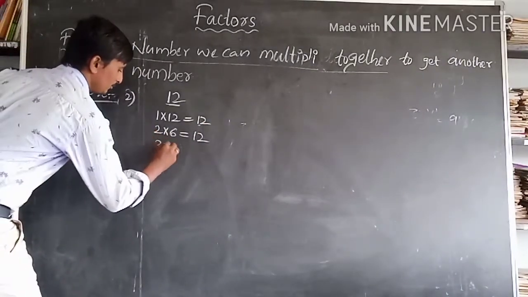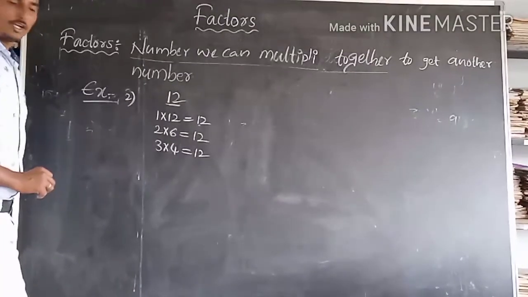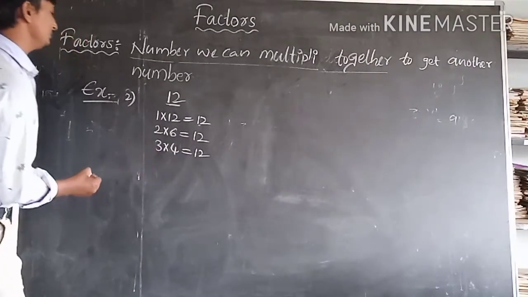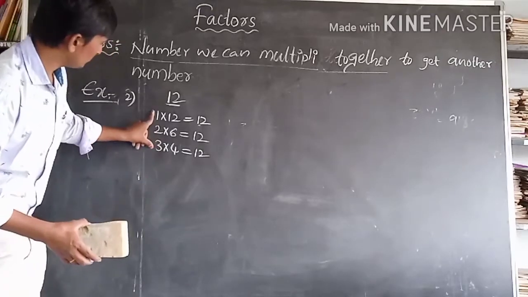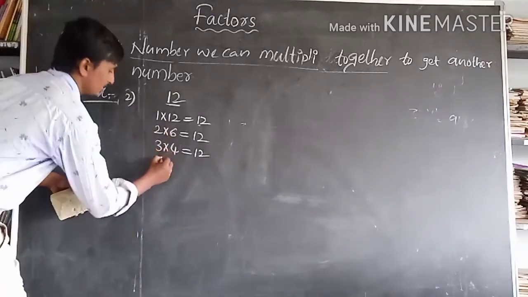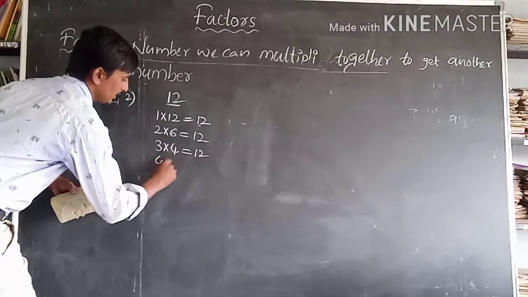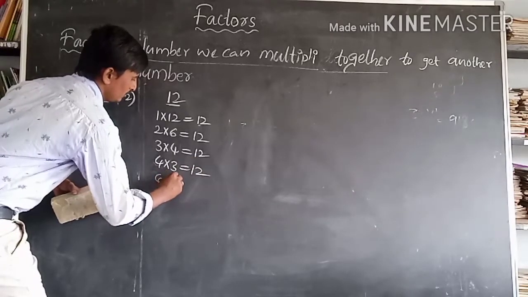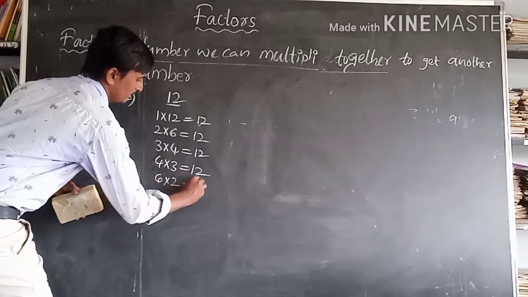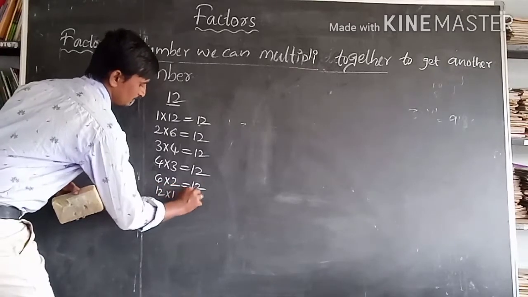And 3 multiplied by 4 is 12. Can we get some more? And some will repeat. So 4 multiplied by 3 is 12. And 6 multiplied by 2 is 12. And 12 multiplied by 1 is 12.